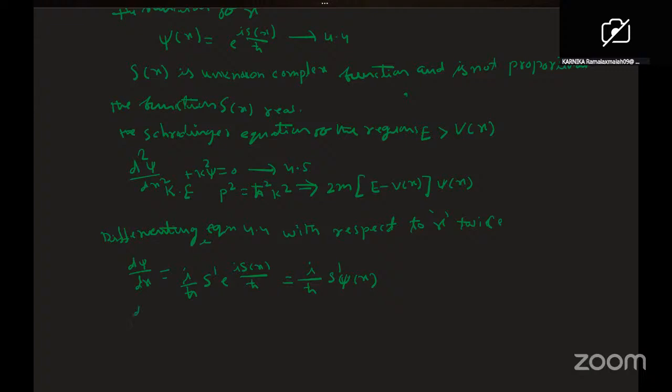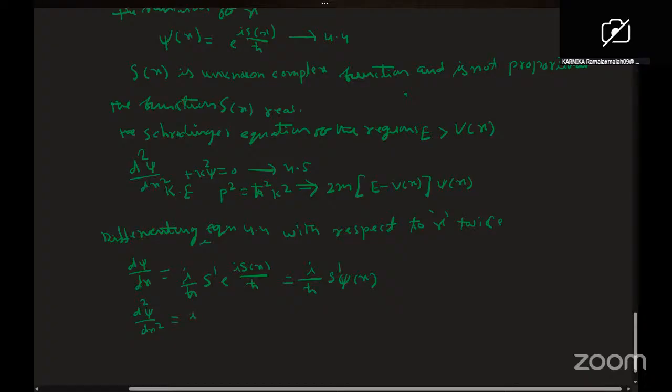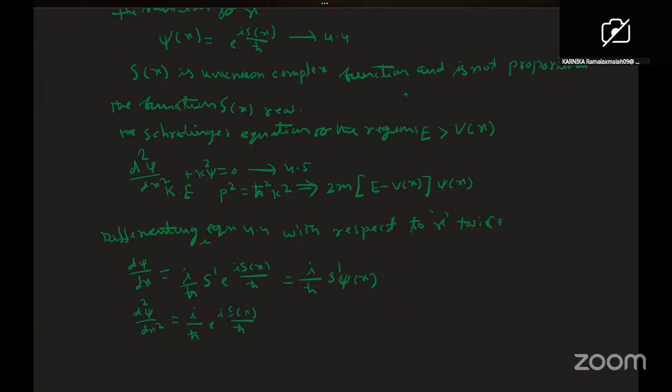So here d square psi by dx square is equal to i by h cut e power i s of x by h cut into s double dash minus 1 by h cut square s dash square e power i s of x by h cut.